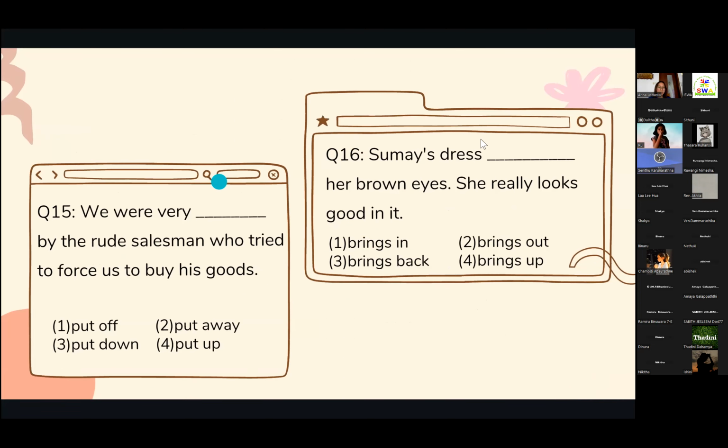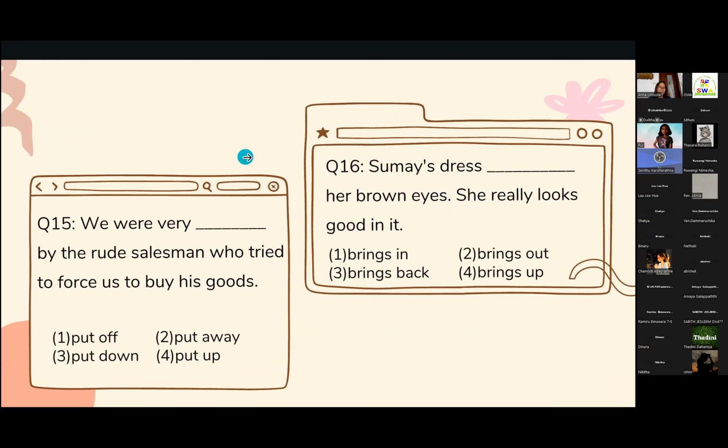Okay, next question. Number 15, we were very blank by the rude salesman who tried to force us to buy his goods. I see a lot of you put either number 1 or number 2, either put off or put away.